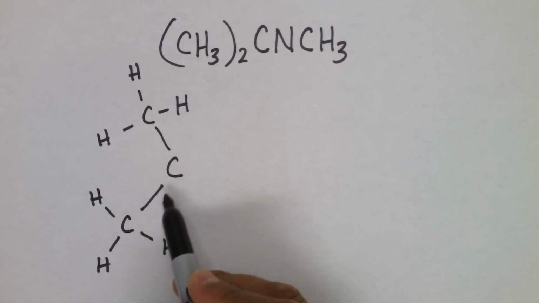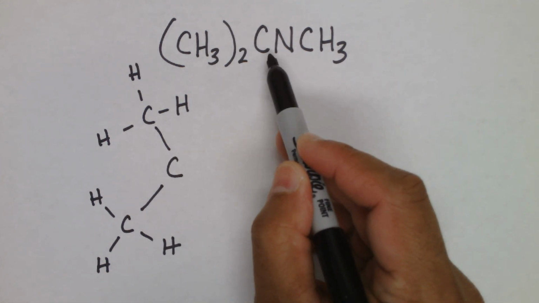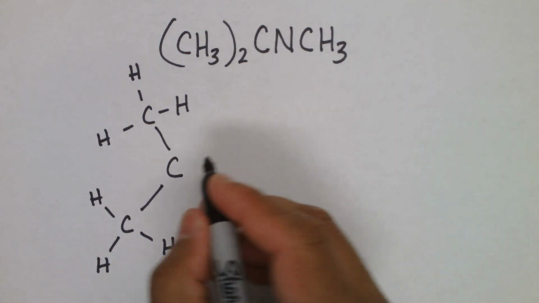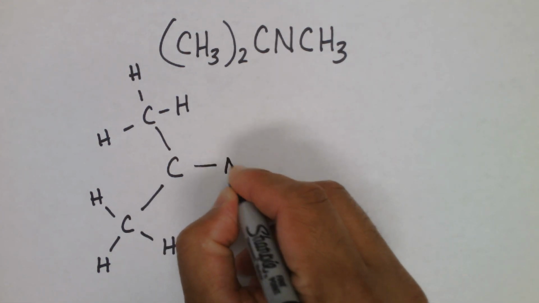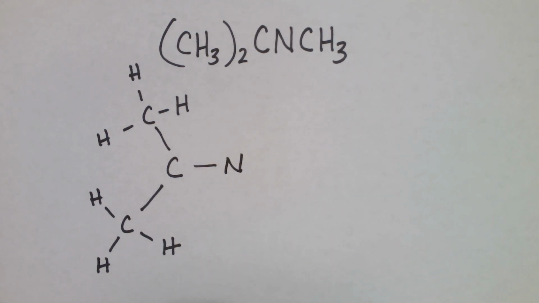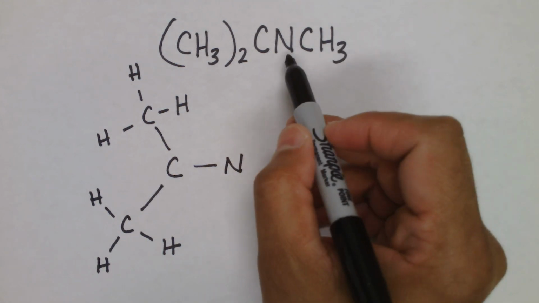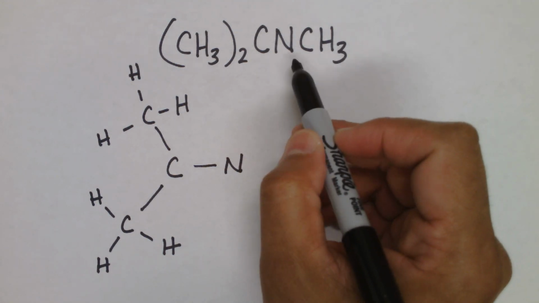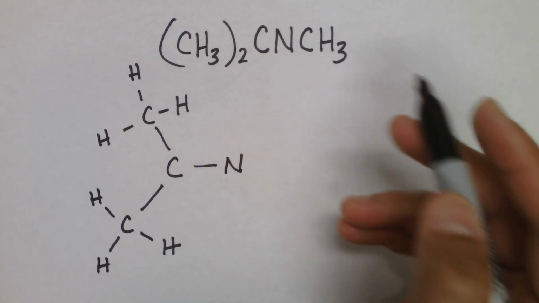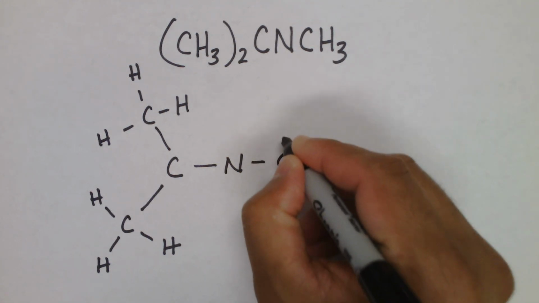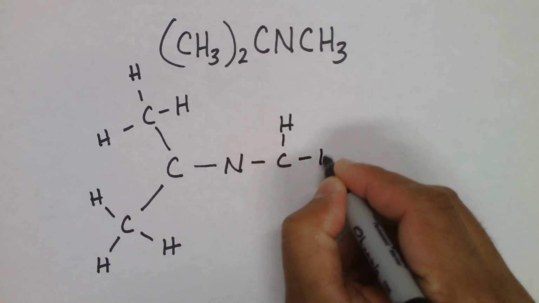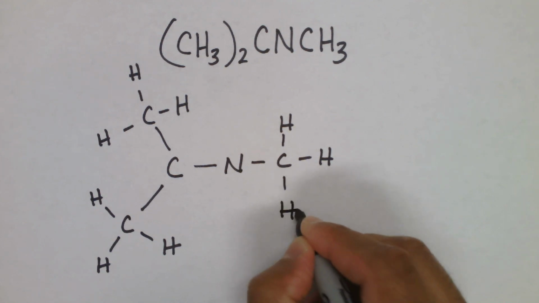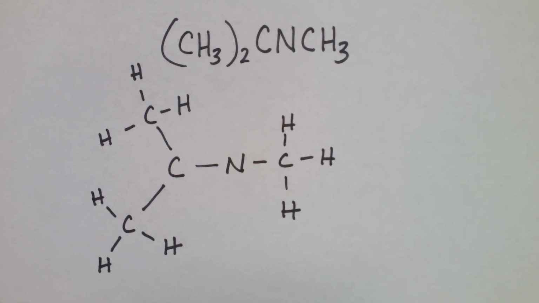So we see carbon with the two bonds and then bonded to the next atom, which is a nitrogen. And then we see, continuing the chain, the nitrogen is bonded to this CH3 group. So we clearly see something's going on right here.